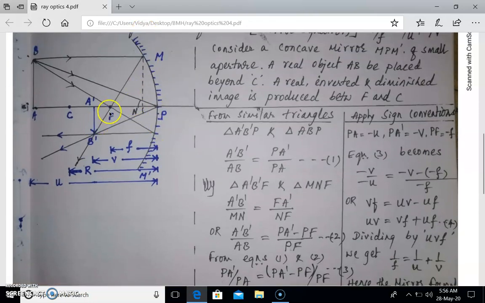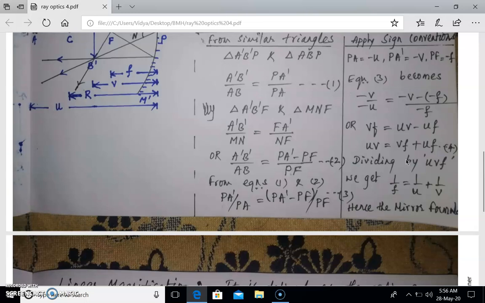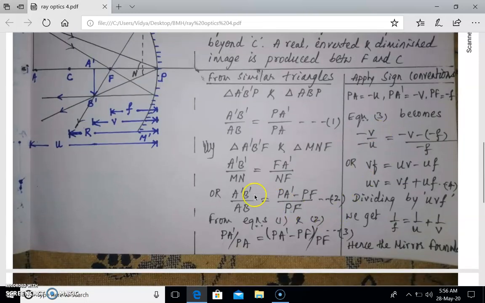Here we can rewrite this as A dash B dash by AB, since AB height is the same as MN, and F A dash can be written as P A dash minus PF divided by PF instead of NF.